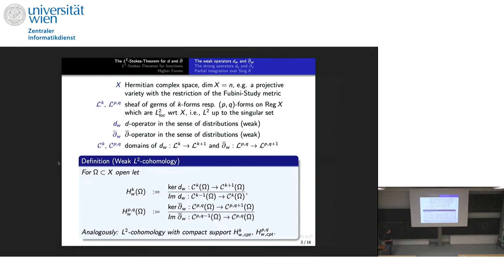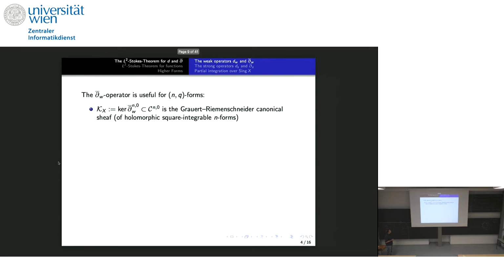So then you can classically define the cohomology groups with respect to the de Rham operator, or with respect to the Dolbeault operator, or if you consider forms with compact support, you get the compact cohomology. The d bar W operator is pretty useful for forms of degree (n,q), where n is the dimension of the space.